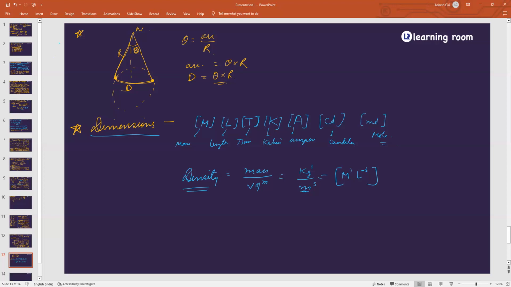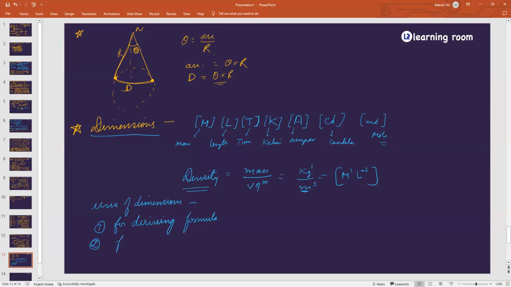Why do we do this? Dimensions has got its own uses. We use the dimensions for 3 things. Uses of dimensions. 1, for deriving formula.